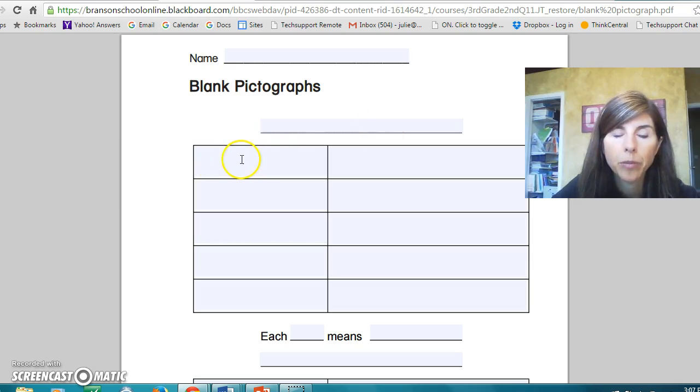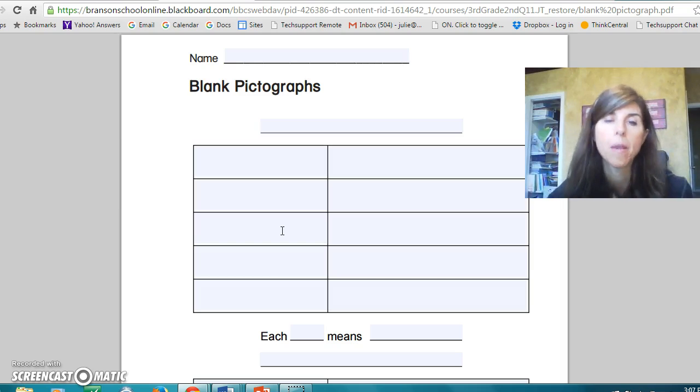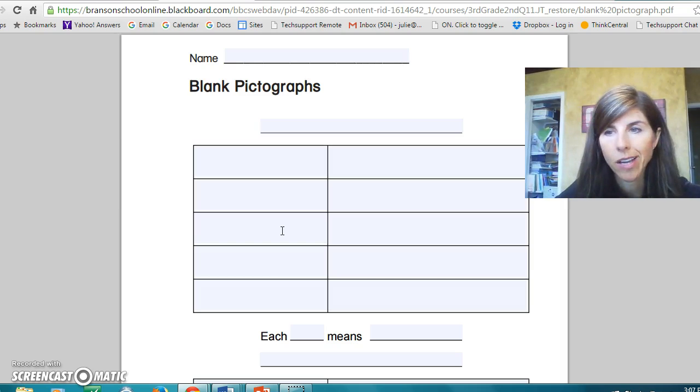And then I put like corn, pumpkin, beans or green beans, whatever you might have. Maybe you want to count like Star Wars figurines, and you can put the names of them here. Something that you have a lot of.